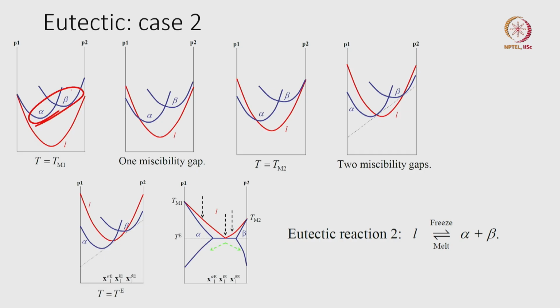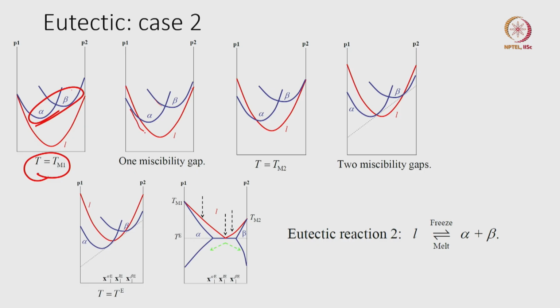So, alpha is like this, beta is like this. At T greater than Tm1, which is the melting point of component 1, alpha and beta are not stable, liquid is the stable phase, and alpha and beta are metastable. Once I reduce the temperature, alpha gets some stability, while beta is yet to get some stability.